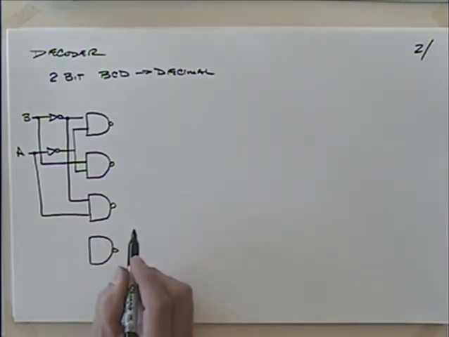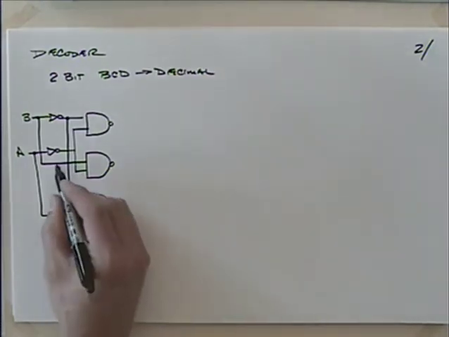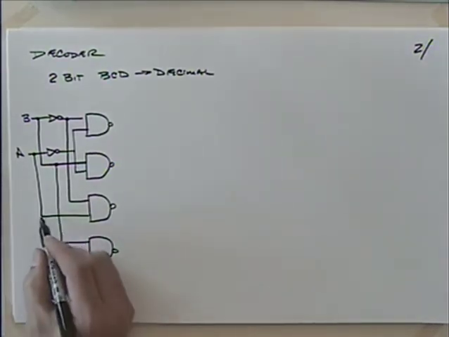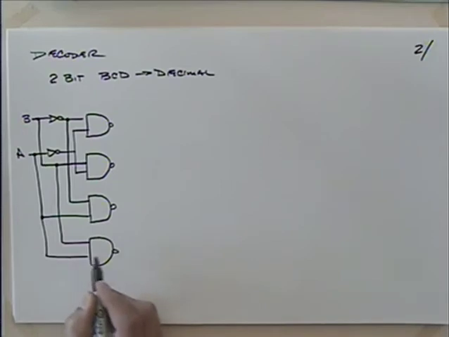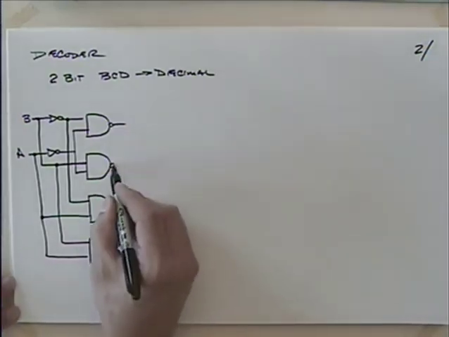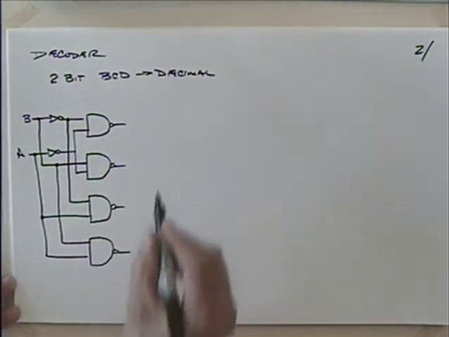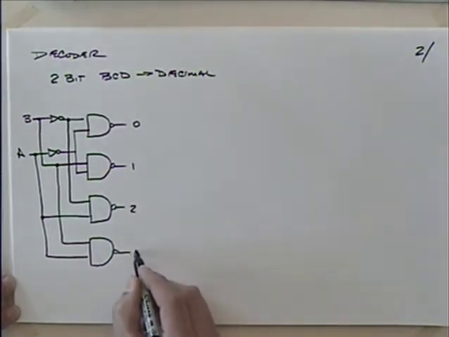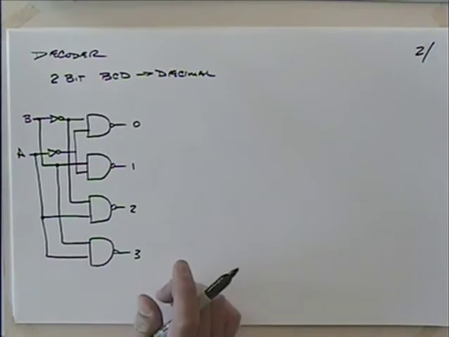The last one is a B. We'll say that this is our 0, our 1, our 2, and our 3. So those are all outputs.